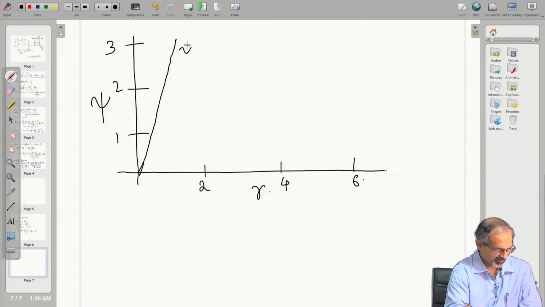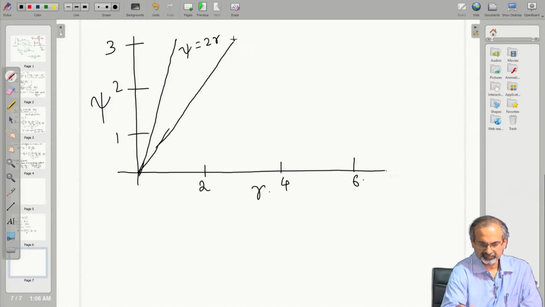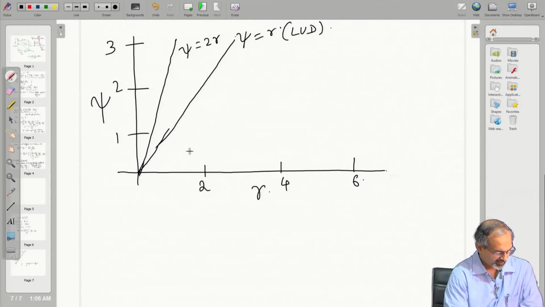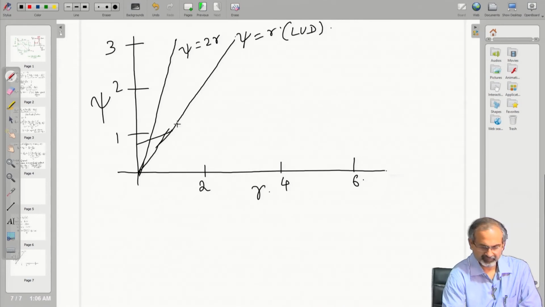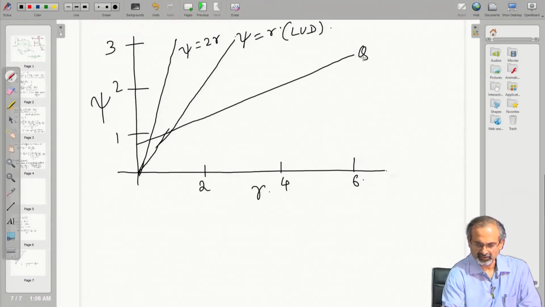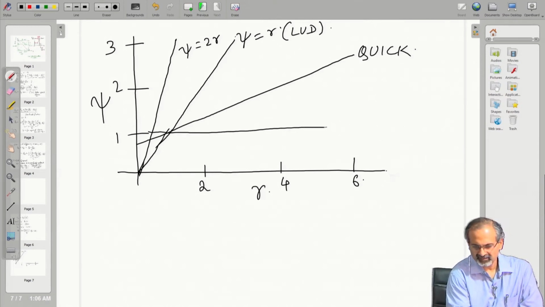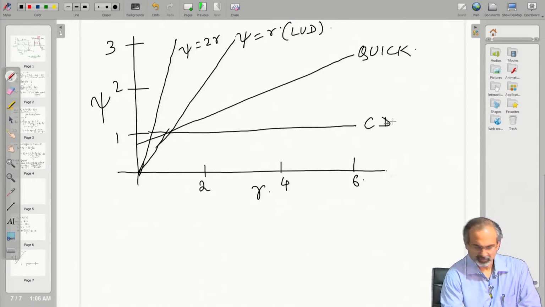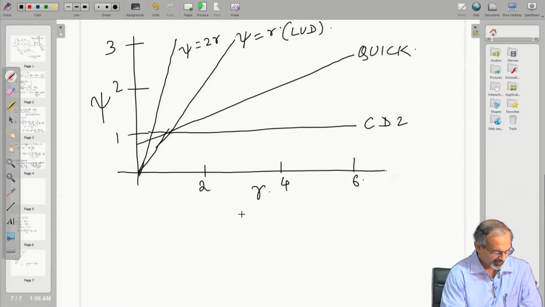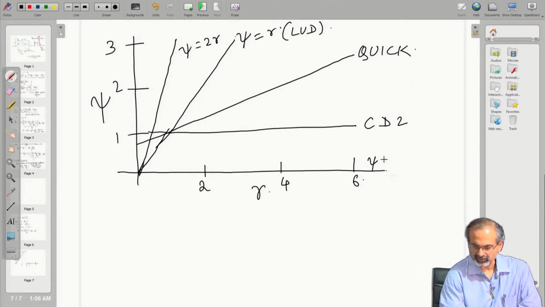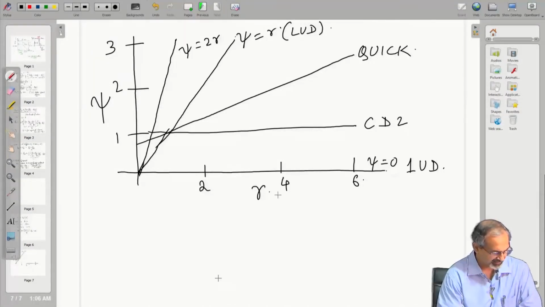So, this could be like psi equal to r, which is the LUD scheme, this would be the quick scheme, and this would be the CD2 scheme, and of course, psi equal to 0 is the first order upwind difference scheme, which lies along the x axis itself.